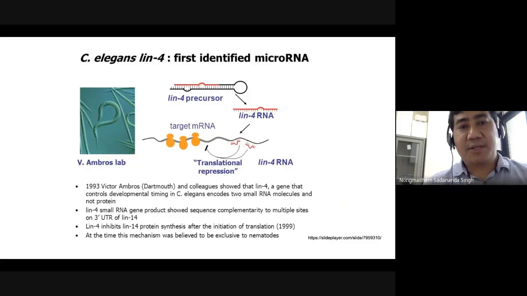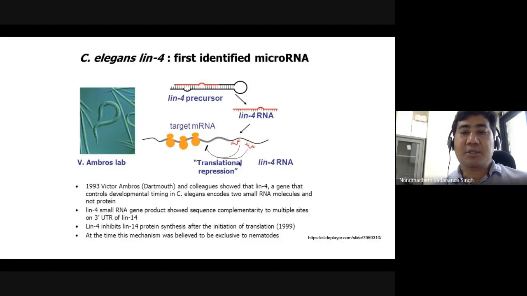So coming back to the lin4 study, what Ambros and others found out is that lin4 doesn't code for a protein, but it codes for an RNA, and somehow this RNA goes and inhibits the expression of target mRNAs, including lin14.